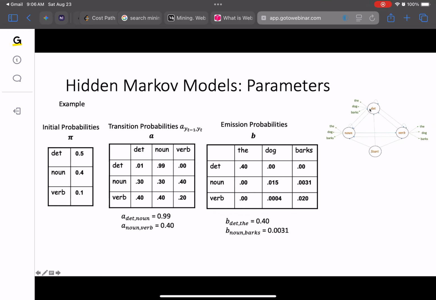And after reaching a state, HMM emits an observation word out of the vocabulary which we consider. In this particular case, the vocabulary is the, dog, barks. So the probability of emitting the word the in the determiner state is 0.04, which is indicated here, and the probability of emitting the word barks from the noun state is 0.031, which is indicated here. So these are the parameters involved in HMM.